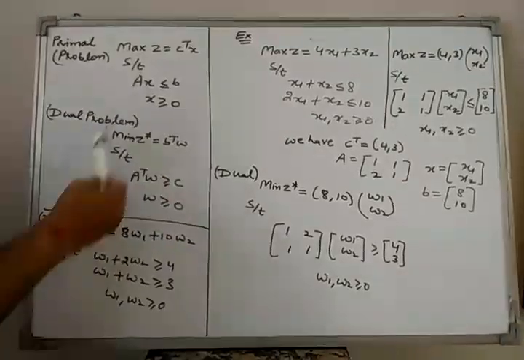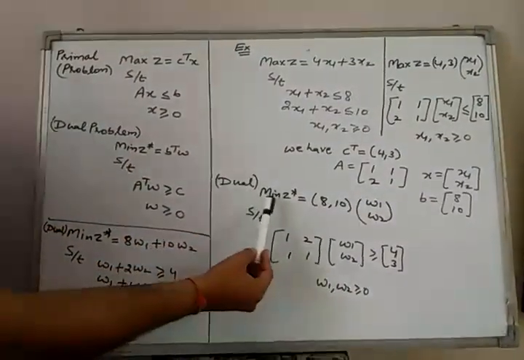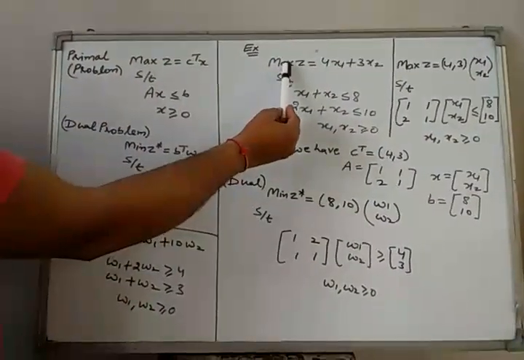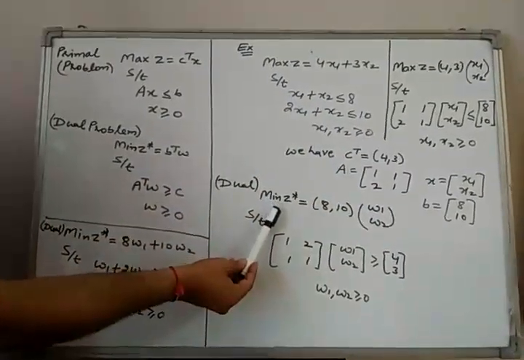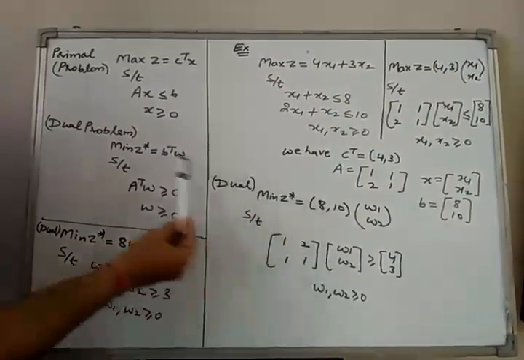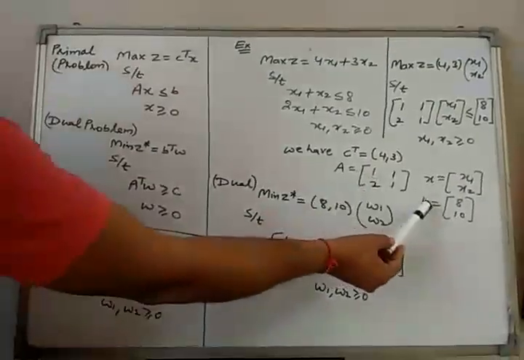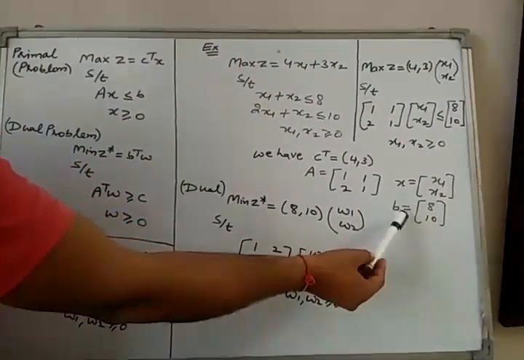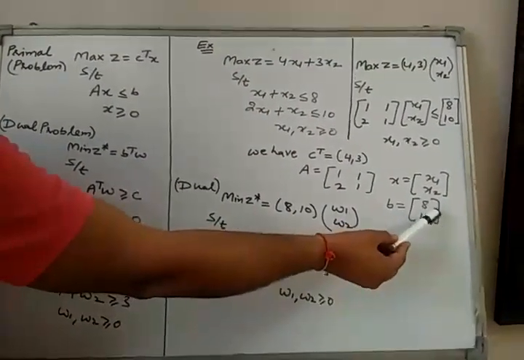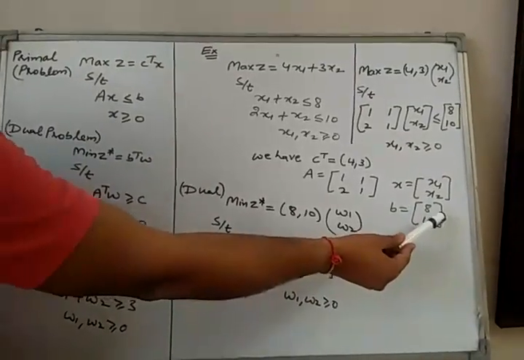With the help of this, now we make the dual. As primal is maximization, therefore dual is minimization. Minimize Z star equal to b transpose. Here in our problem, b is 8 and 10. To take the transpose, row becomes column and column becomes row.